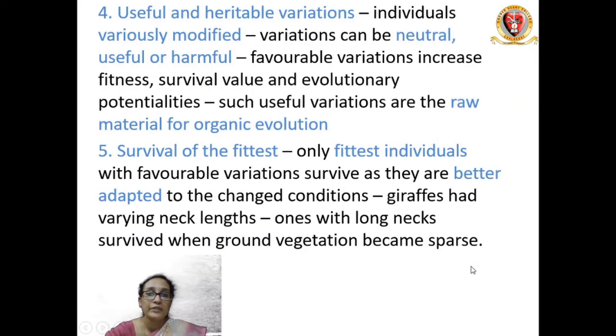Now, according to Darwin, useful and heritable variations, that is, individuals which are variously modified, these variations could be neutral, of no use to the organism.